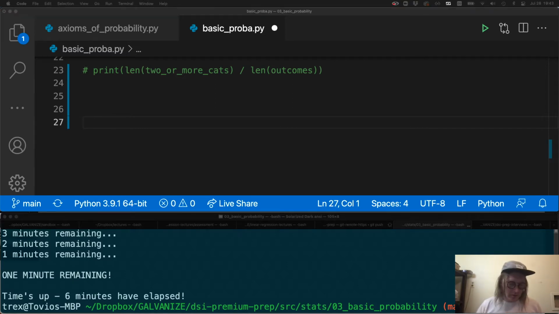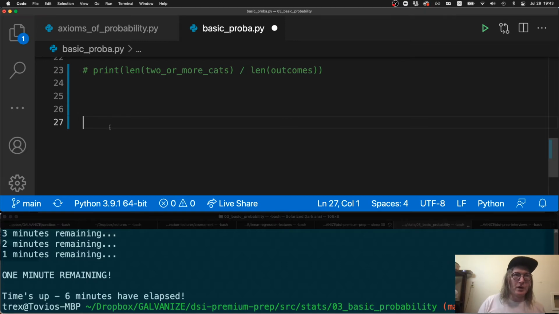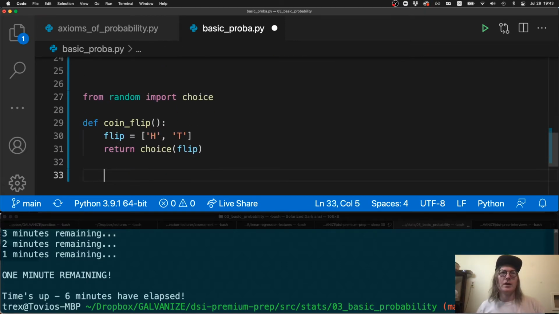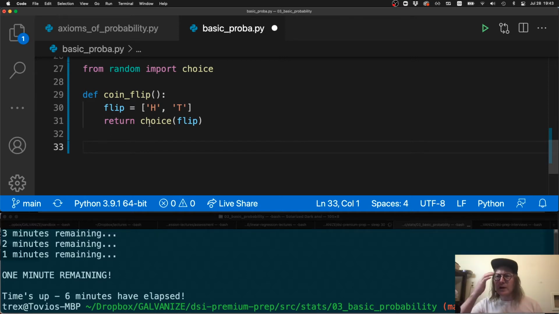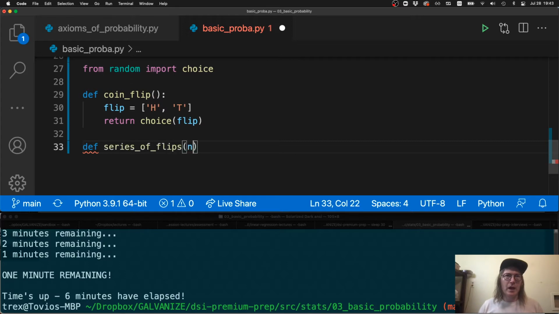This is a little bit of a deviation from counting, but we're going to think about it in a similar way, sampling and counting. So here we've got this coin flip, and we need to write a function called series of flips, and we want to flip n times. So I'm just going to collect the flips, and return those.